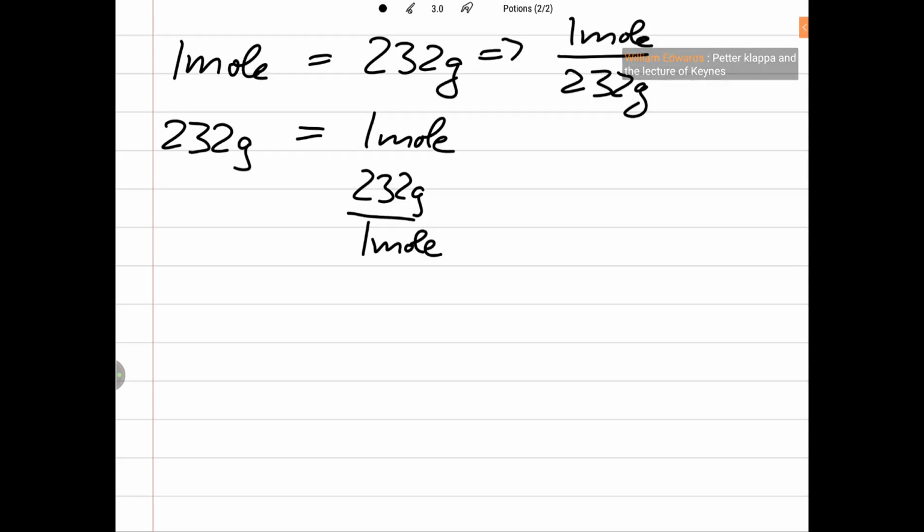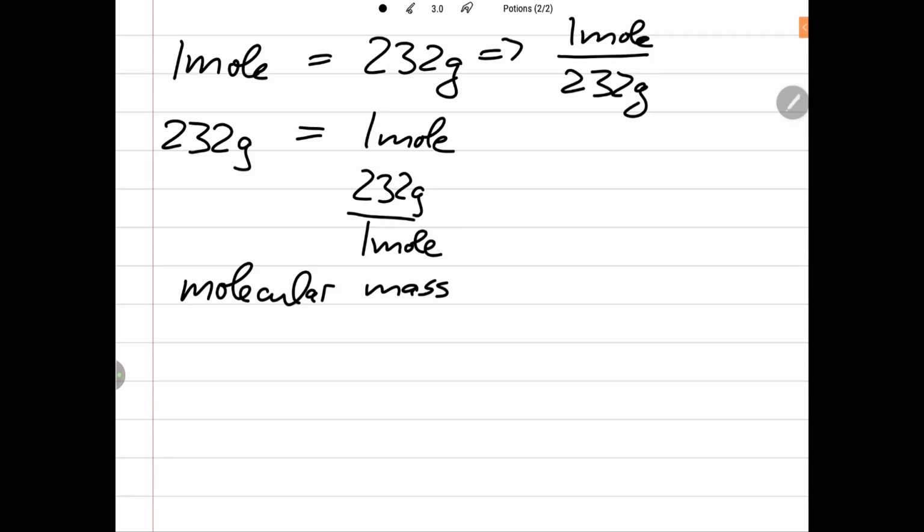Okay, now we have all that we need in the first place. I have a substance which has, let's say, a molecular mass, and this thing here, 232 grams per 1 mole, that is in general known as your molecular mass. Often abbreviated as MM or sometimes MW for molecular weight.